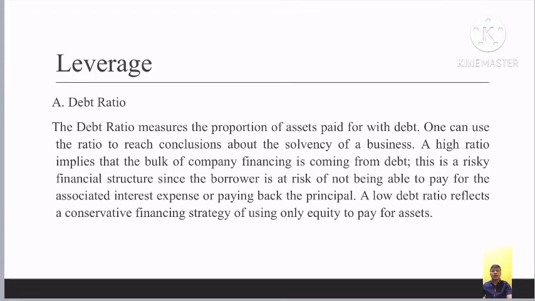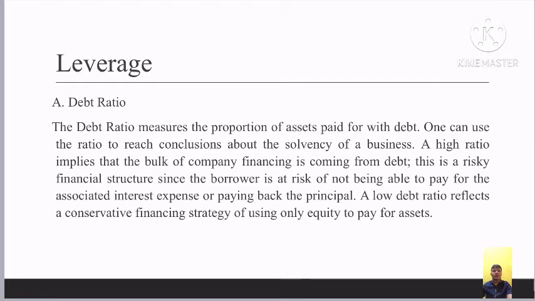The next is leverage. The first, debt ratio. The debt ratio measures the proportion of assets paid for with debt. One can use the ratio to reach conclusions about the solvency of the business. A high ratio implies that the bulk of company financing is coming from debt.